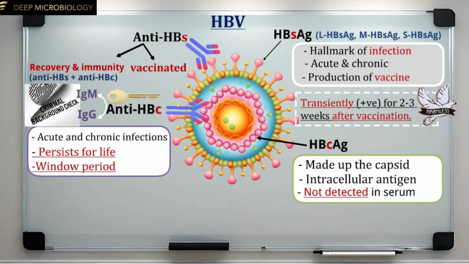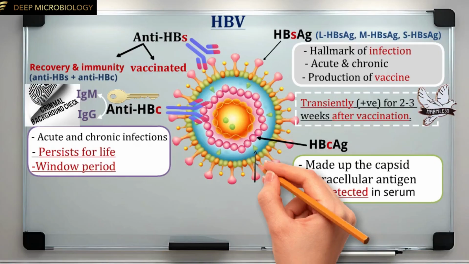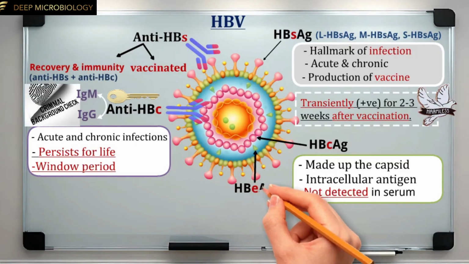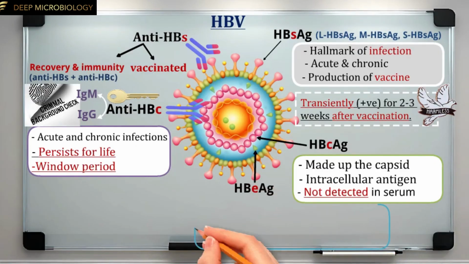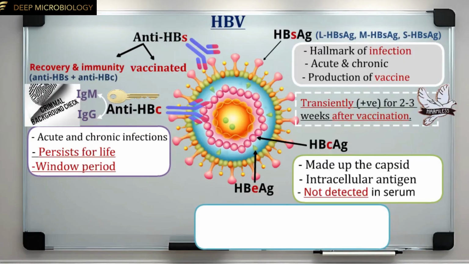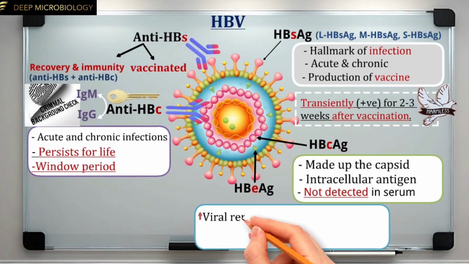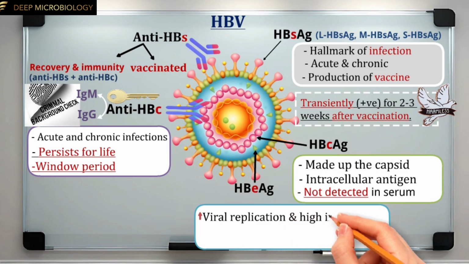The other serological marker is E antigen, a soluble, non-particulate nucleocapsid protein produced in liver cells where the hepatitis B virus is actively replicating. It is secreted into the blood, and its presence usually indicates a high level of viral replication and high infectivity. When hepatitis E antigen is absent, it generally suggests a lower viral load and reduced infectivity.